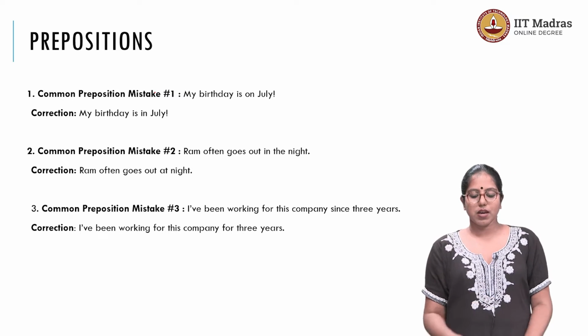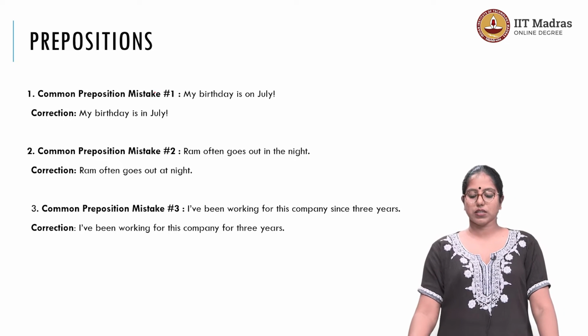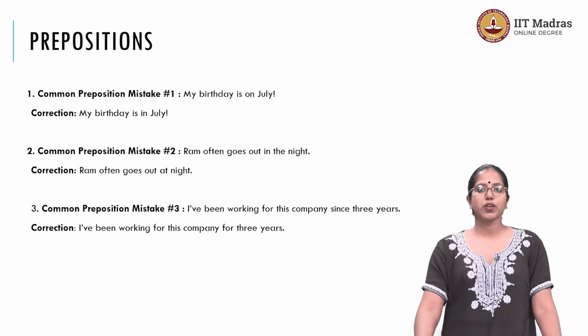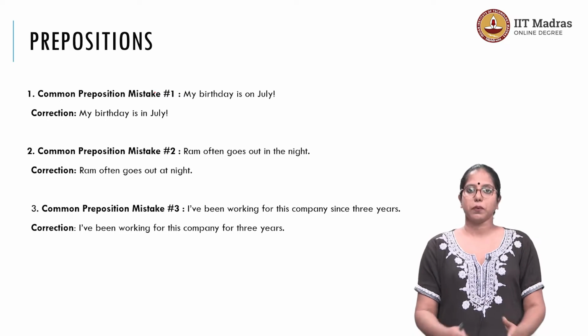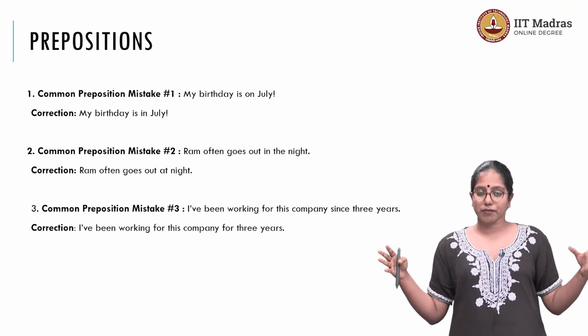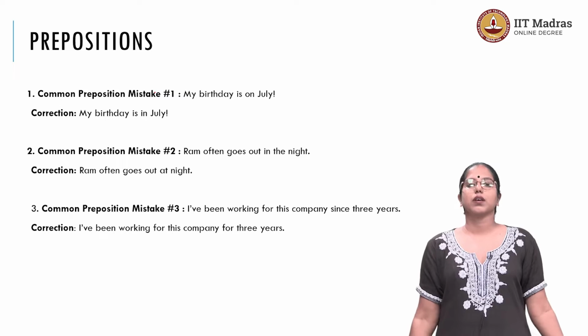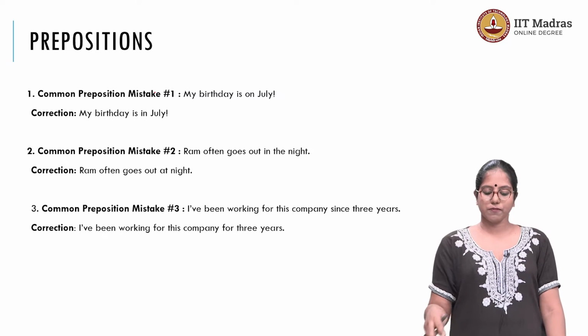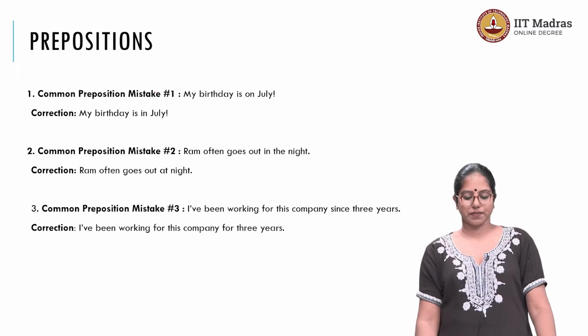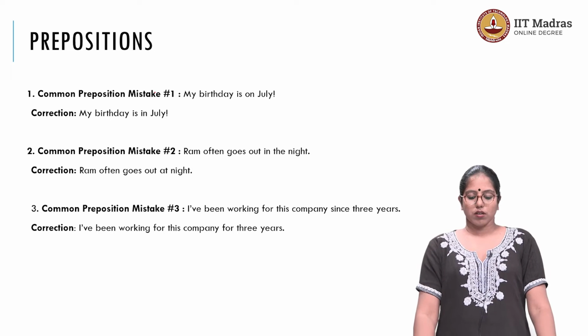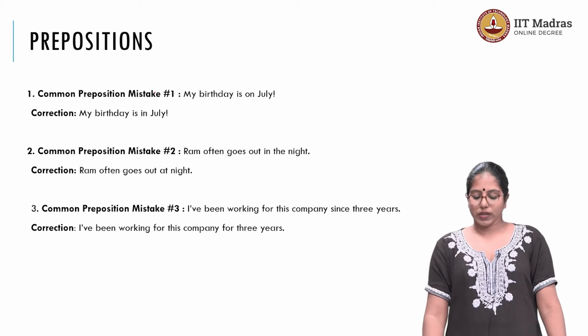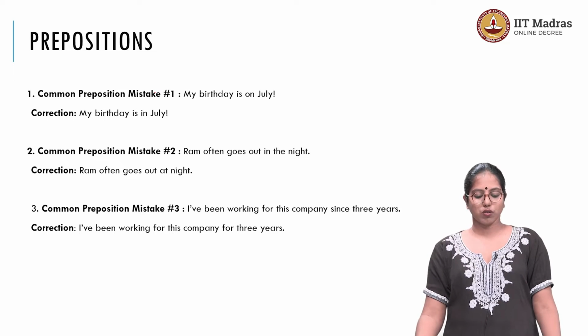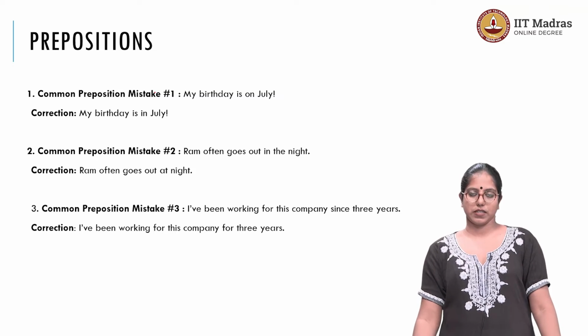For example, I have lived in Boston since March. But here you are not being specific, right? So, particularly when you are going to refer to a time period, okay, then you use for instead of since. We can also say another example is, we have not talked since our last meeting.